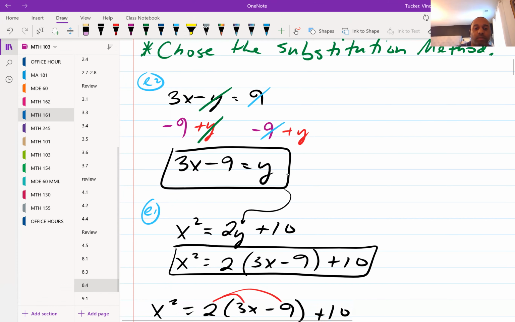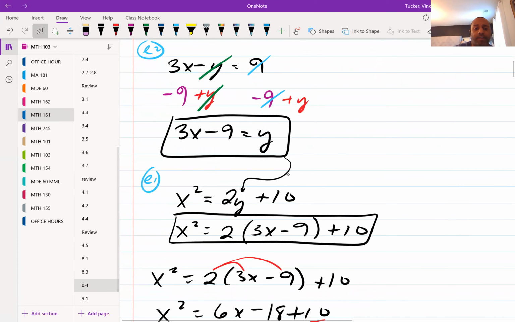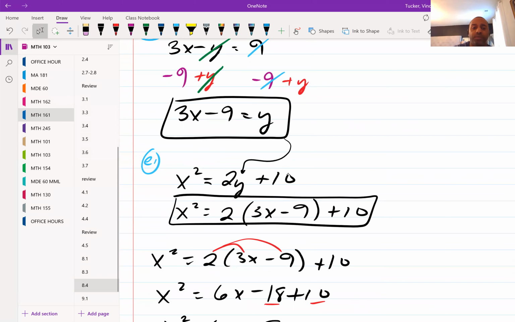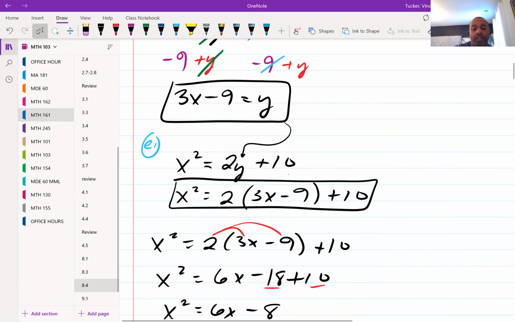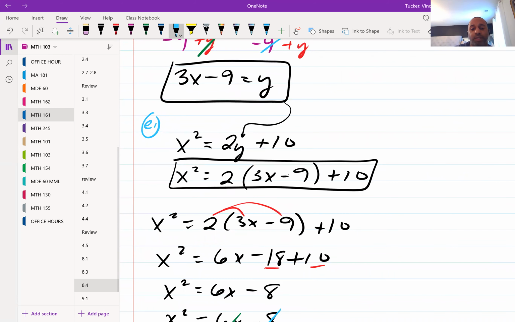Now we can go ahead and solve that. Distribute 2, so that'll be 6x minus 18 plus 10. Combine your like terms, negative 18 plus 10, so we have x squared equal to 6x minus 8.